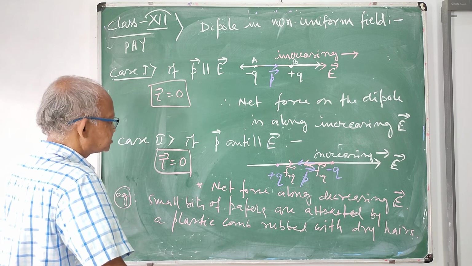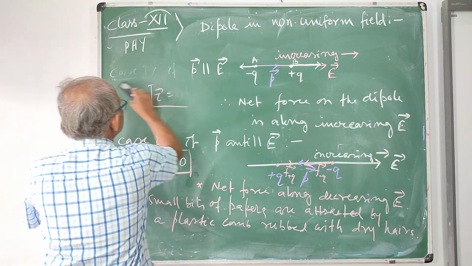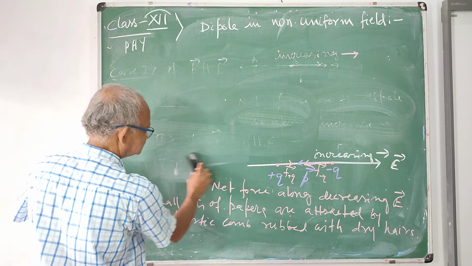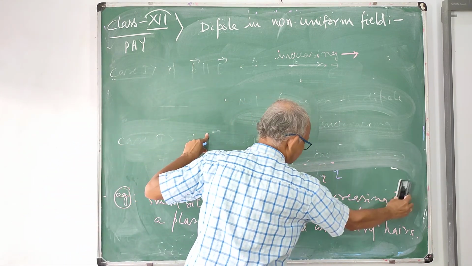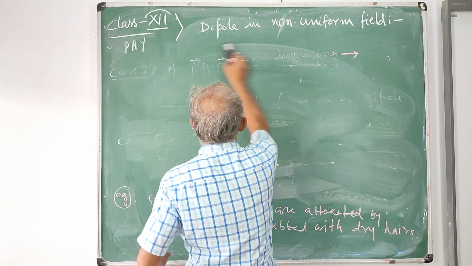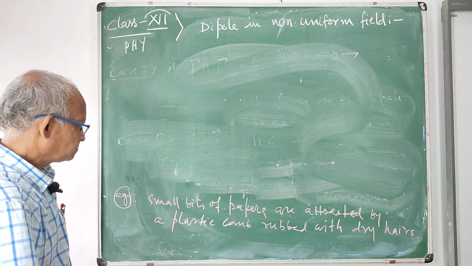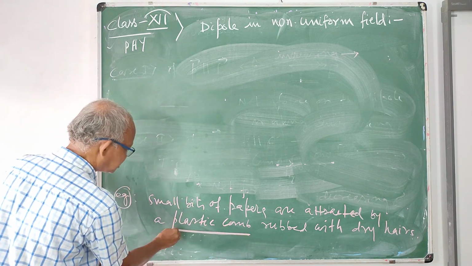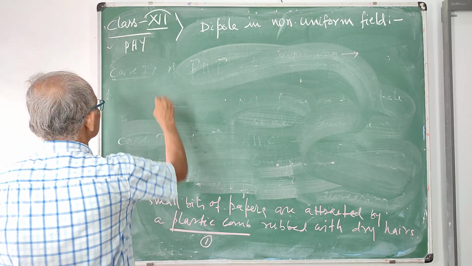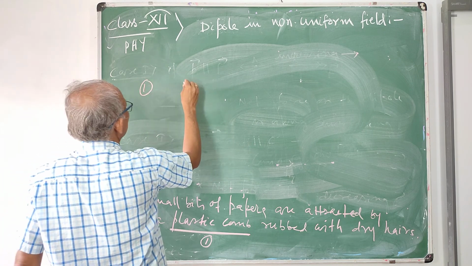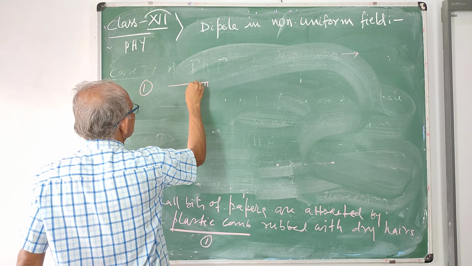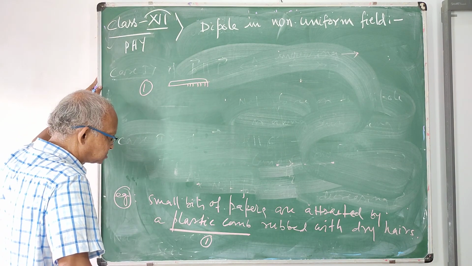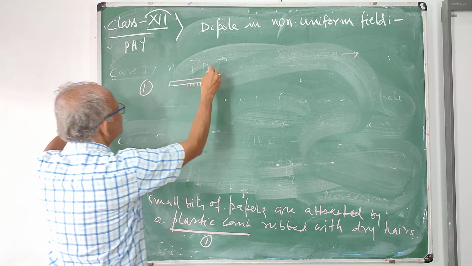Okay, let us see this. How can we explain? First of all, when the plastic comb is rubbed with dry hair, the plastic comb acquires negative charge.